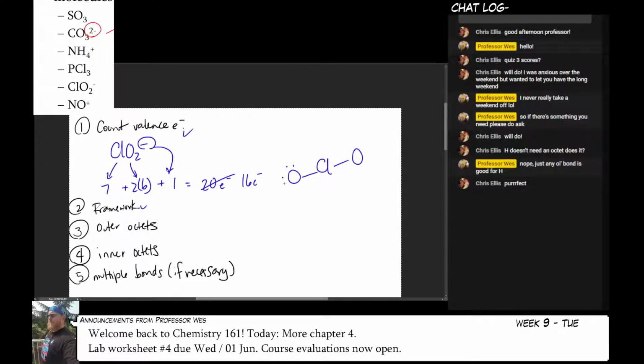So 2, 4, 6, 8, 10, 12. And then that would be my outer octet. So now my inner octets, I'll just go 1, 2, 3, 4. And it's done. Looks good to me.